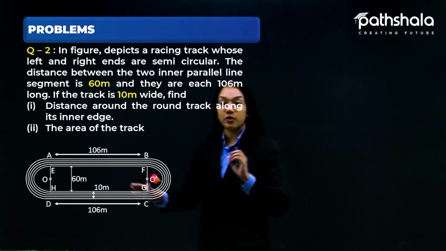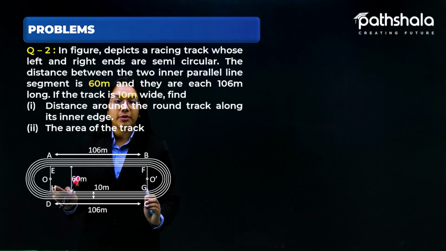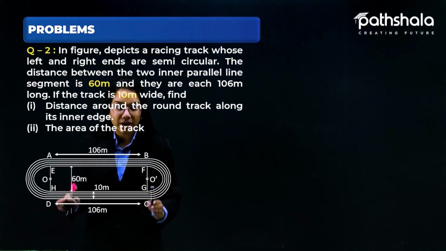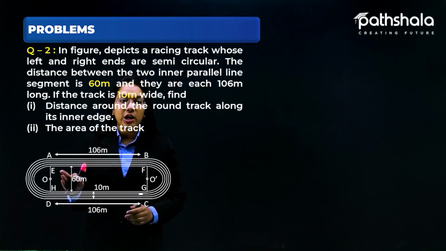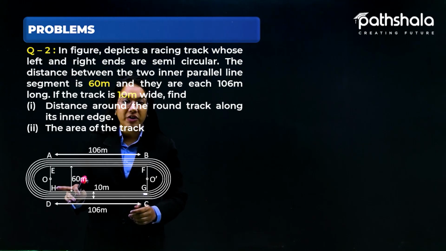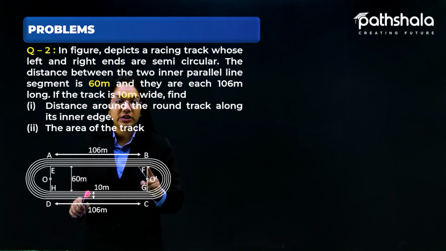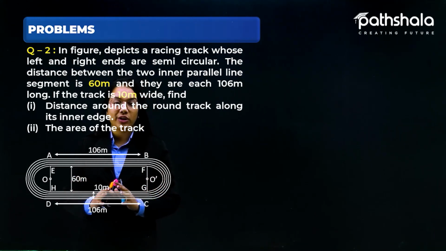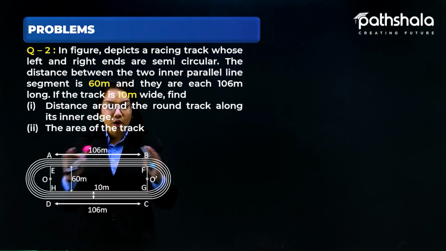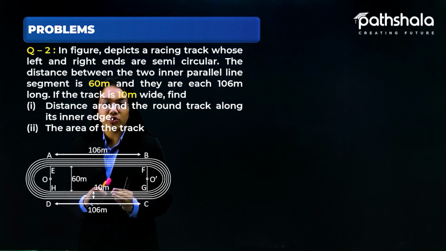I have taken this point as A, this as B, this as C, and this as D. Furthermore, I have taken these two straight lines along the points A, B and C, D, and I am calling their point of intersection E. I'm taking the center as O, this point of intersection as H, and this point of intersection as F, the center of this semicircular portion as O dash, and this point of intersection as G. I have taken these points in order to find the area of the track and the distance around the round track along its inner edge.